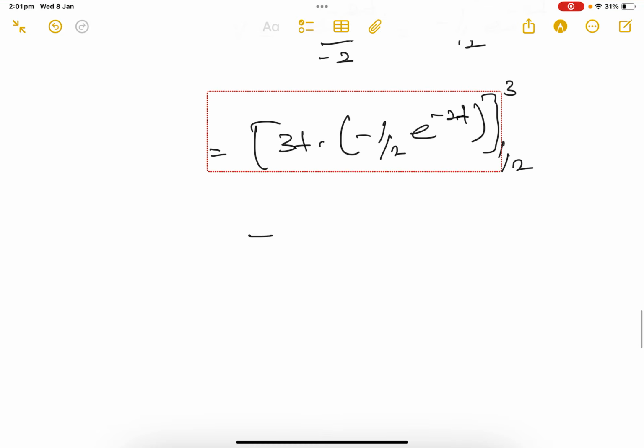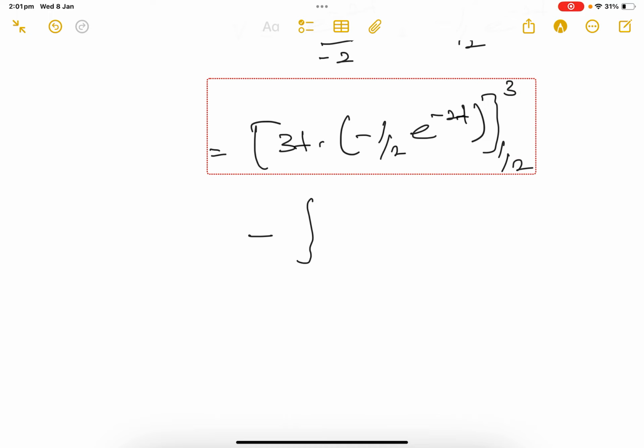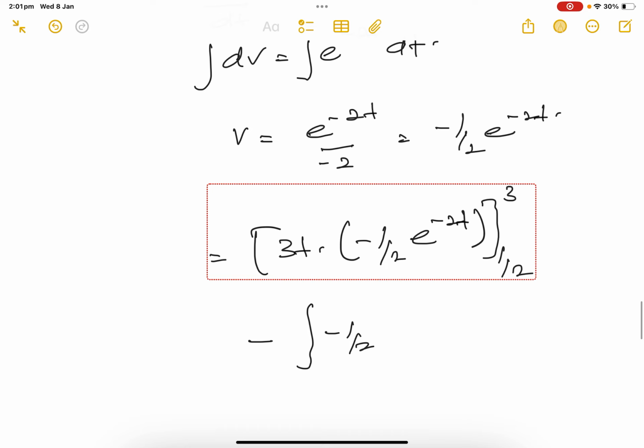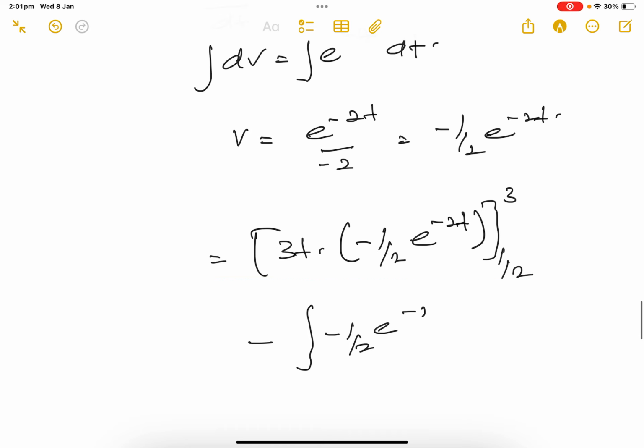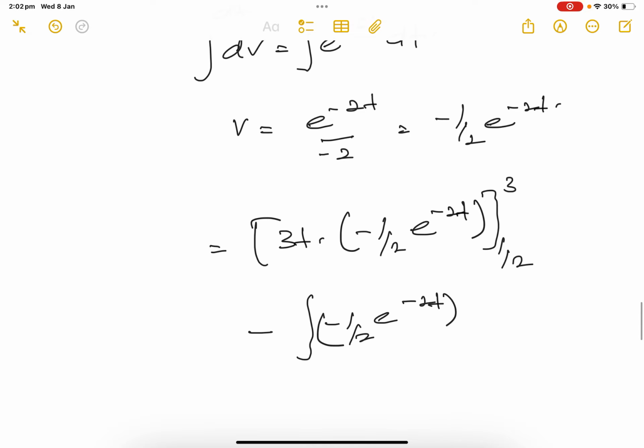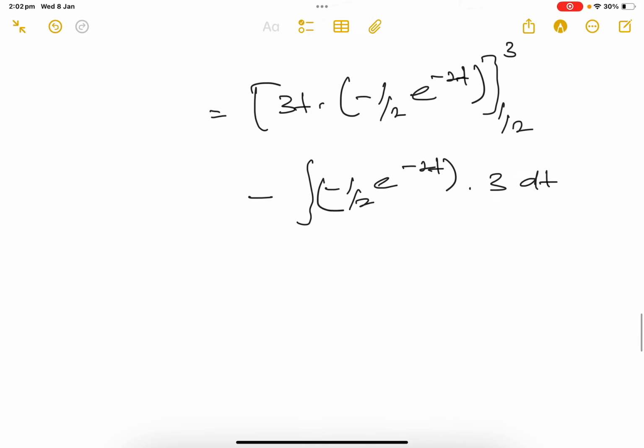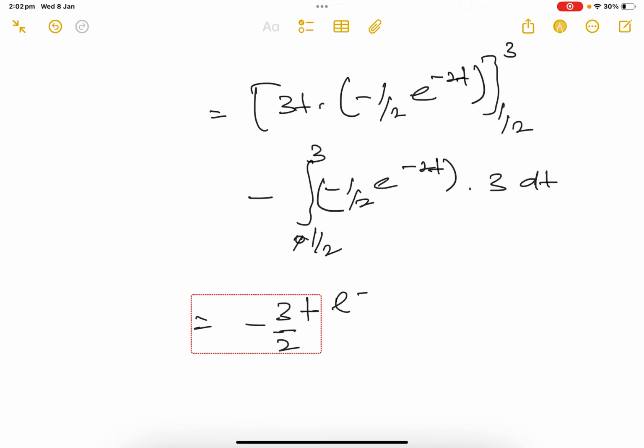Minus the integral of v, which is minus half e to the minus 2t, and du by dt, which is 3, dt. With limits 0.5 and 3, I simplify the top one: 3t times minus half, so minus 3 over 2 t e to the power minus 2t.